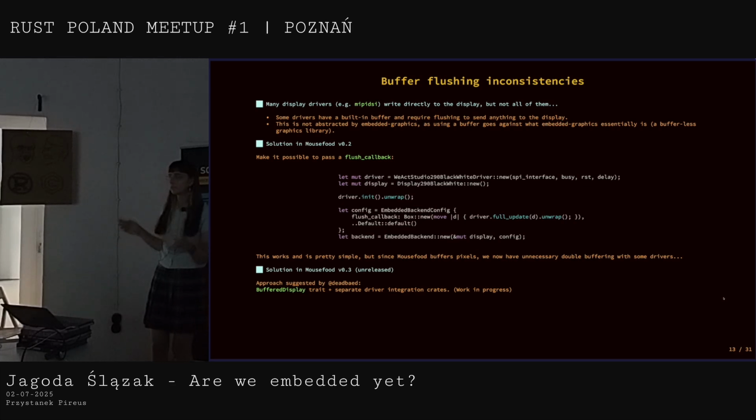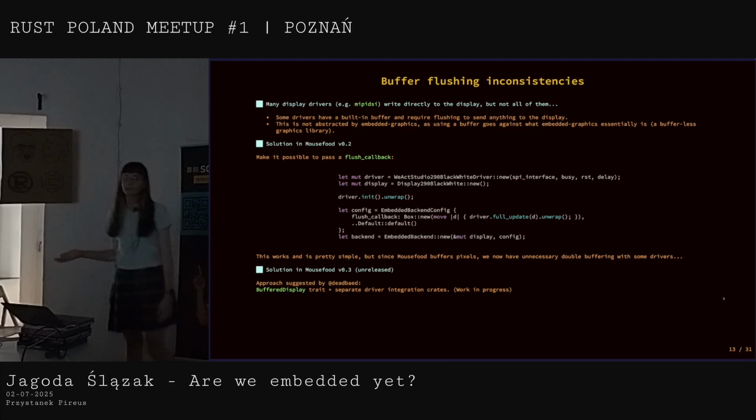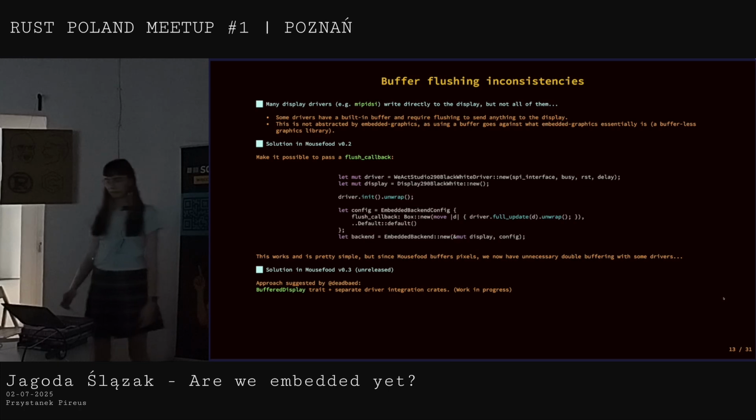But since embedded graphics doesn't provide any traits for built-in buffers, they just use methods they came up with. So you flush the buffer a different way on every one of these drivers. So it's not that great.